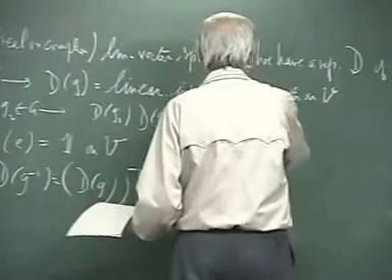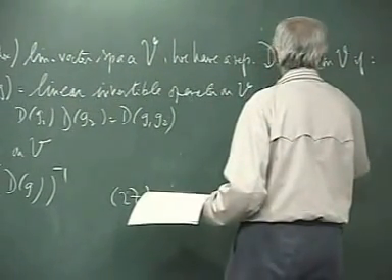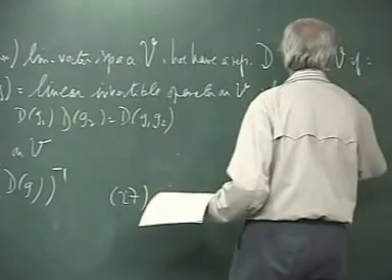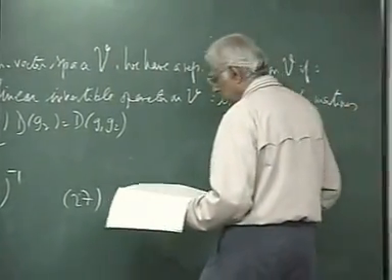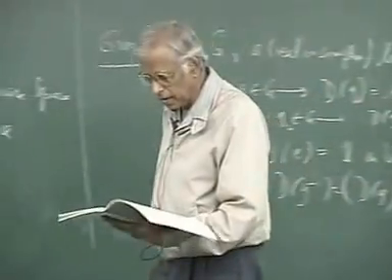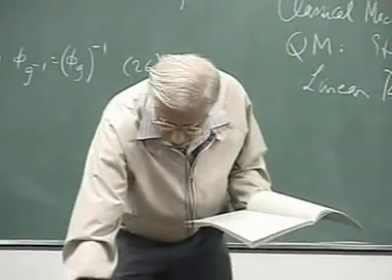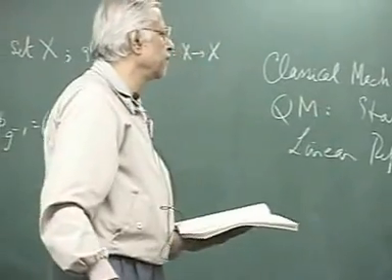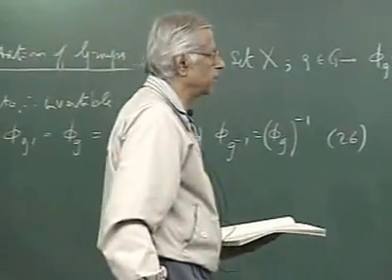These linear operators are also called linear transformations, as you have learnt probably in courses in quantum mechanics. We say that the dimension of the representation D is the same as the dimension of the vector space.